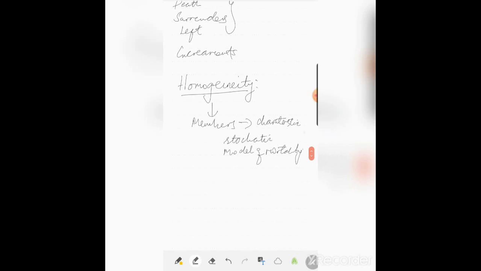That is what we mean by having more homogeneity. So the characteristics for the entire group are more or less similar. That is what we are calling homogeneous.